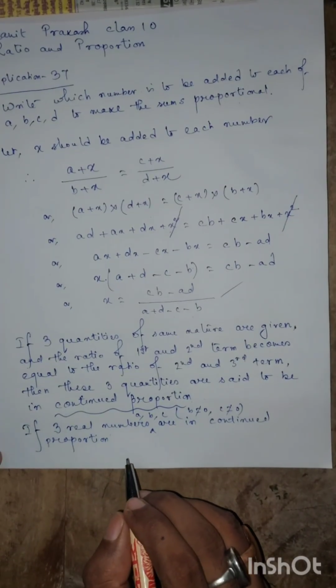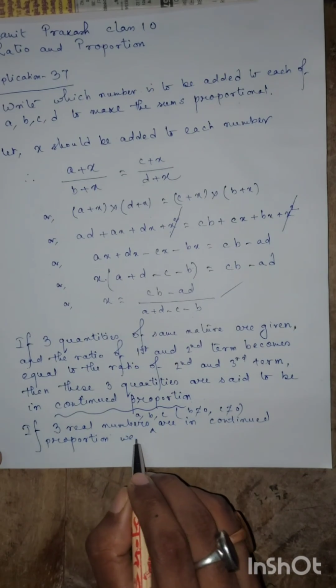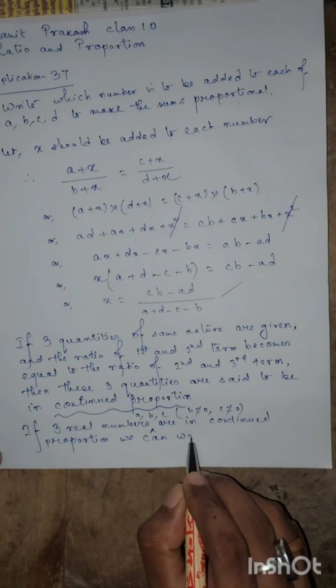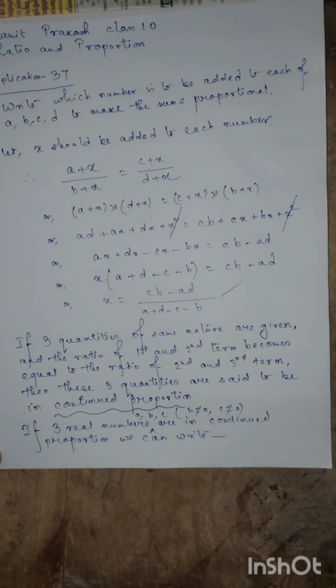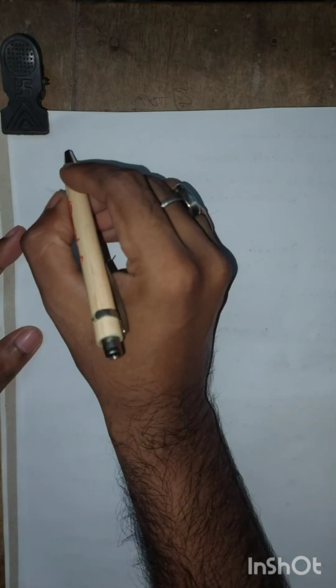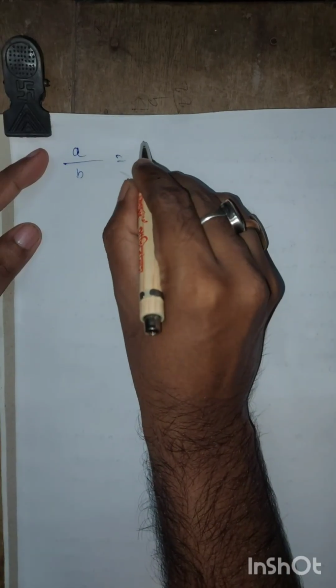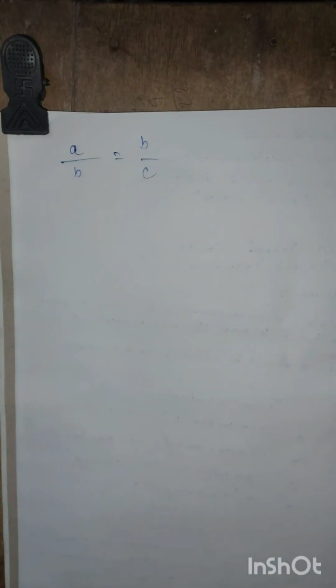If three real numbers are in continued proportion, we can write A by B is equal to B by C. Okay, when A, B, C are in continued proportion, we can write A by B is equal to B by C.